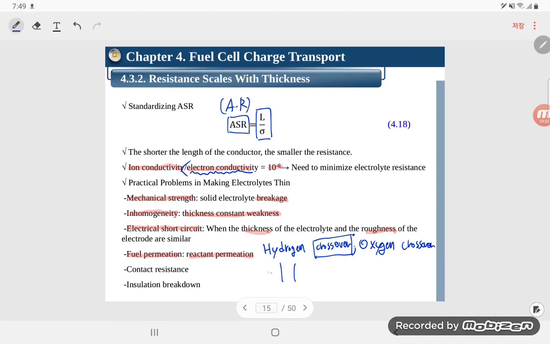So in the anode, the H2 hydrogen gas crosses over to the cathode, and this makes hydrogen peroxide.